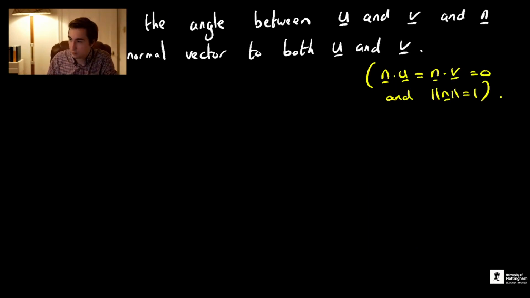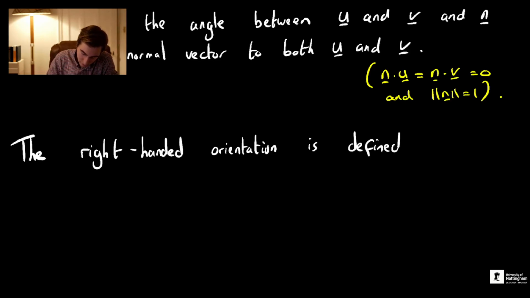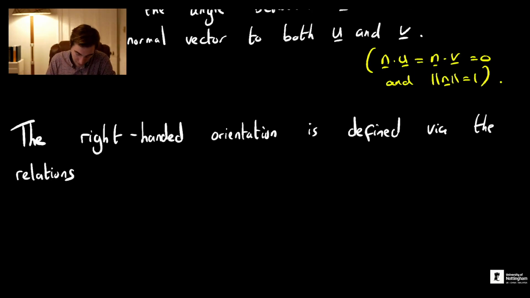So we can say that the right-handed orientation is defined via the following relations. So we define these vector products.